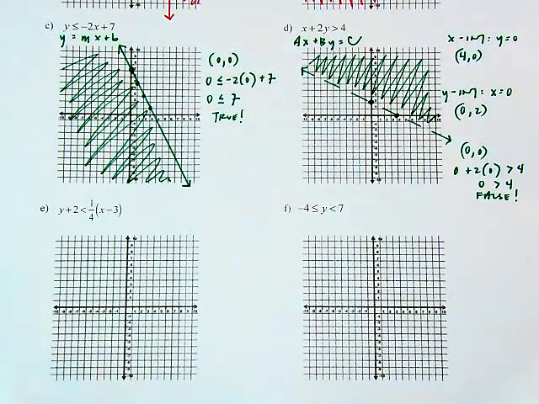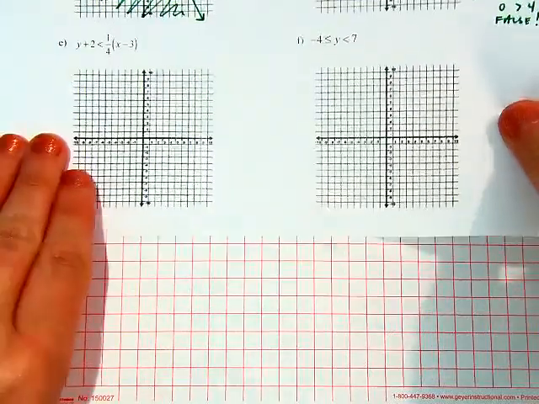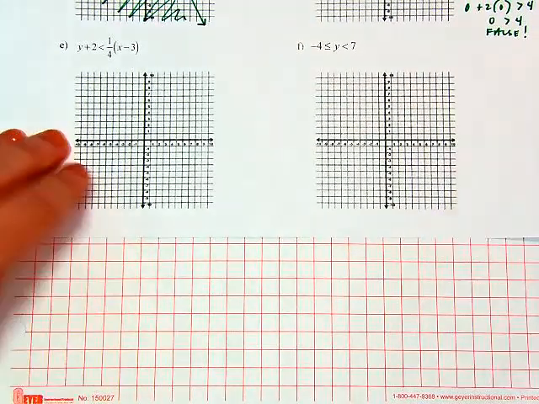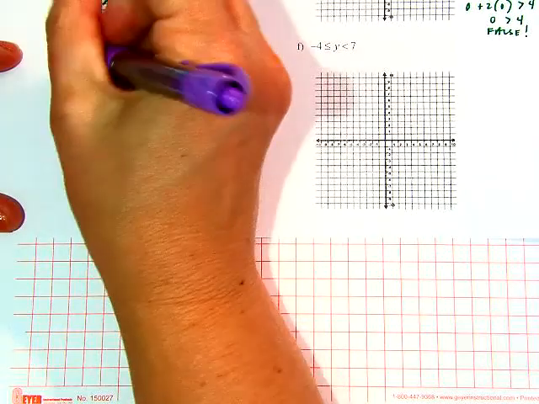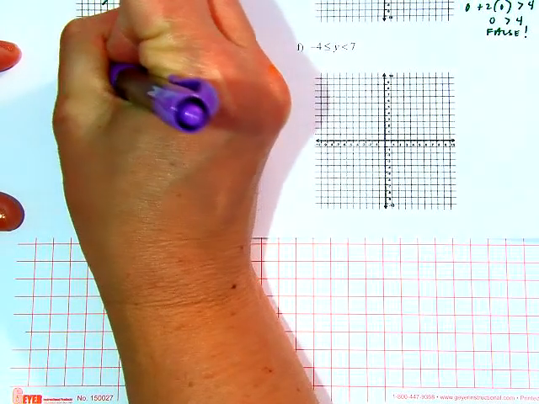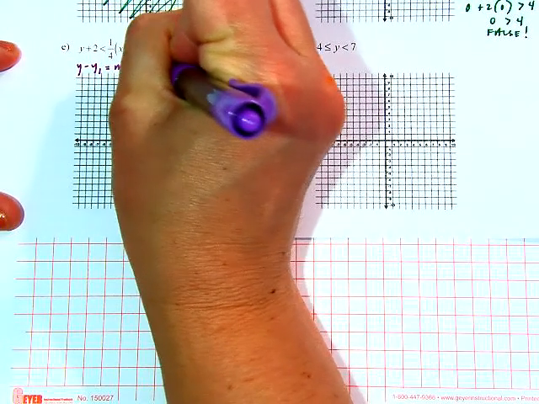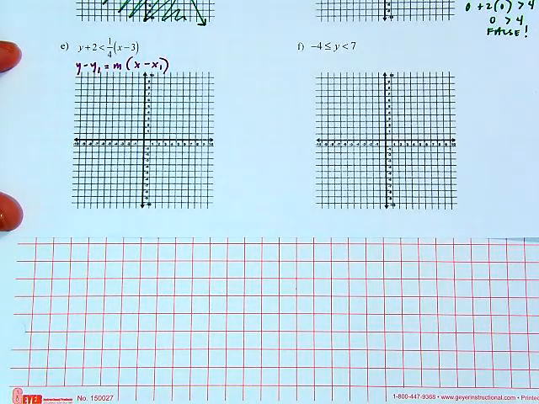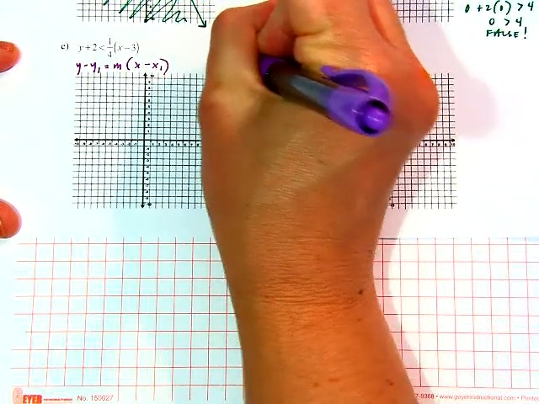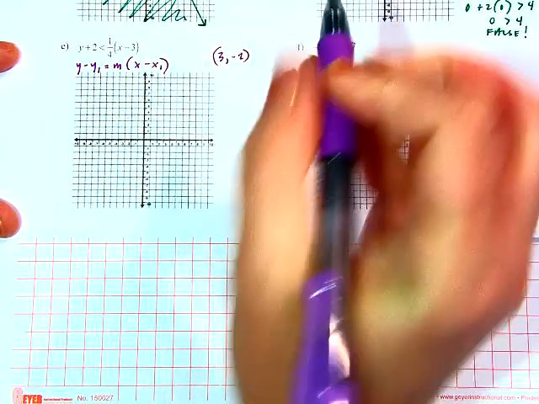All right, 2 more. Okay, the next one here, I have point slope form. So I have y minus y1 equals m times x minus x1. So here, in point slope form, I have a point. That point is at 3, negative 2. Remember, opposite of what it appears.